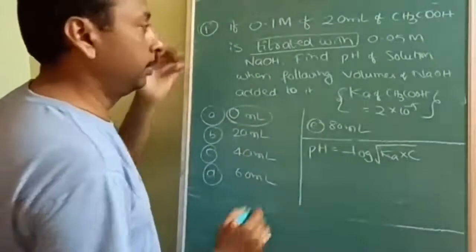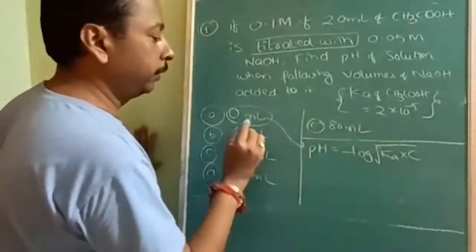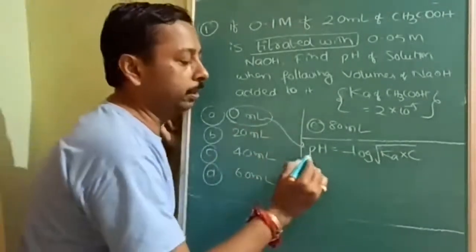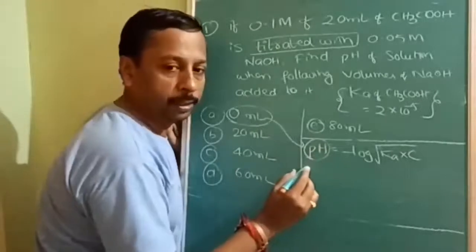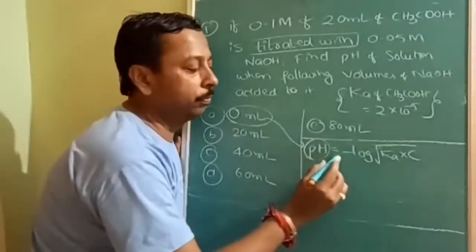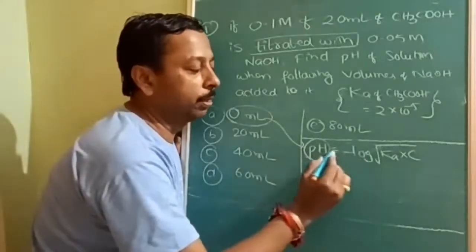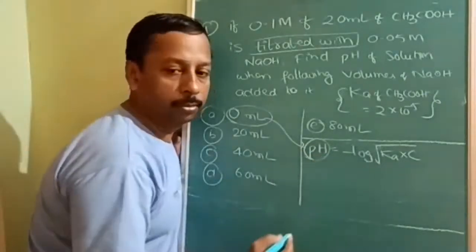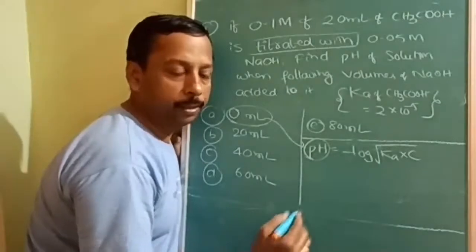For the first condition, the base has not been added, only acid is present. Therefore we will use the weak acid formula, negative log of square root of Ka into C.